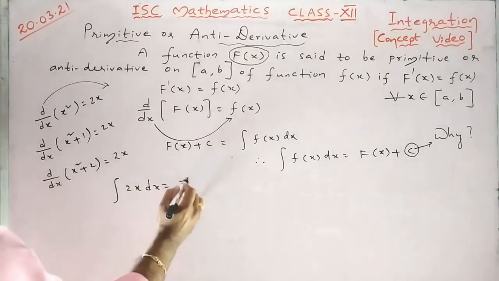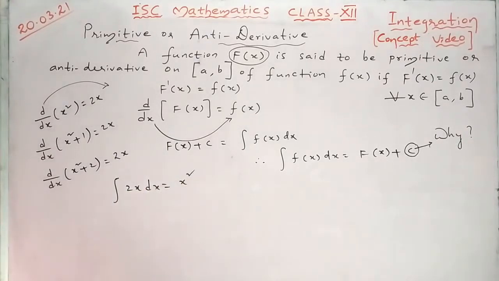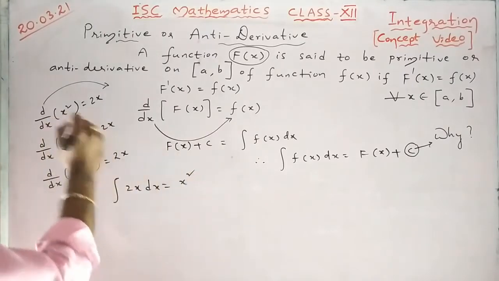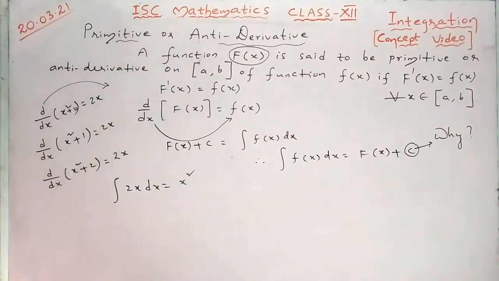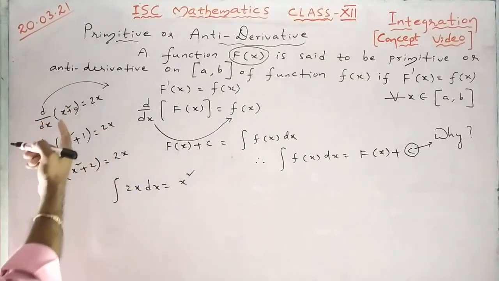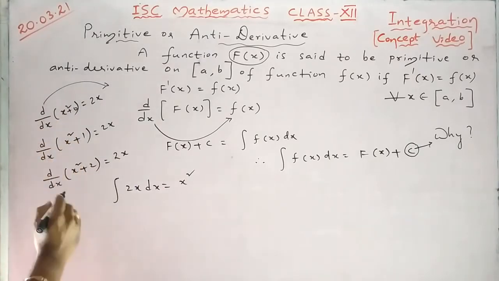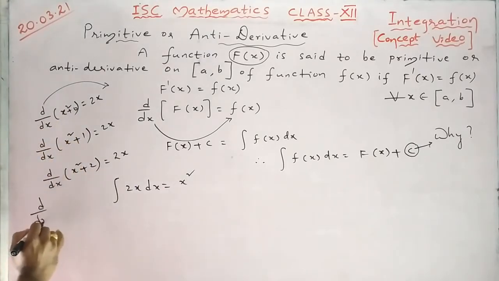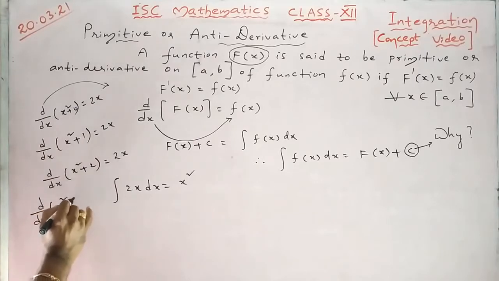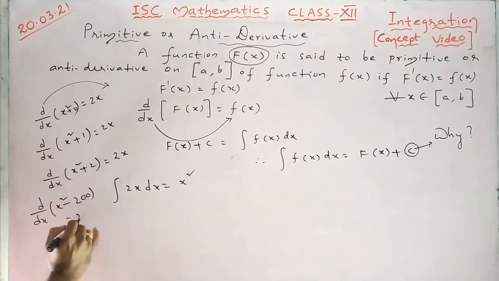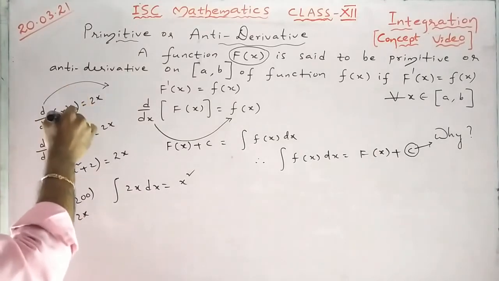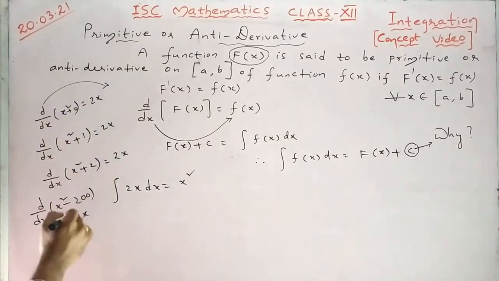is equal to x square plus 0. For example, you can take 0 here. So 0, 1, 2, 3 are d by dx of x square minus 200. That is also 2x. So if there is a constant term, that will not be affected.